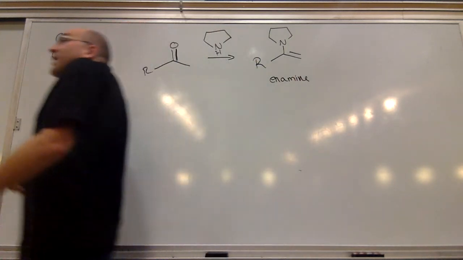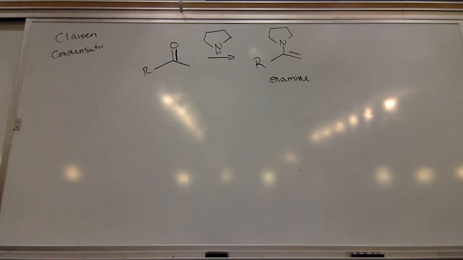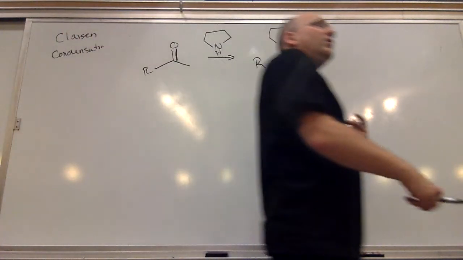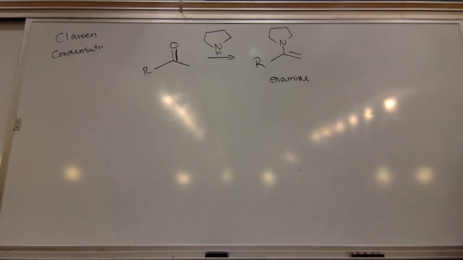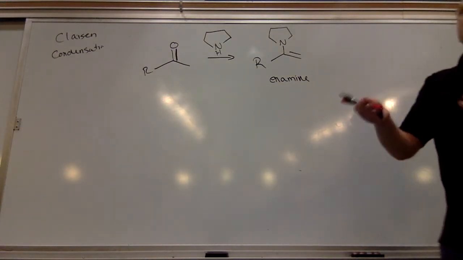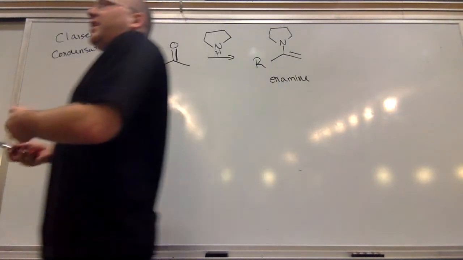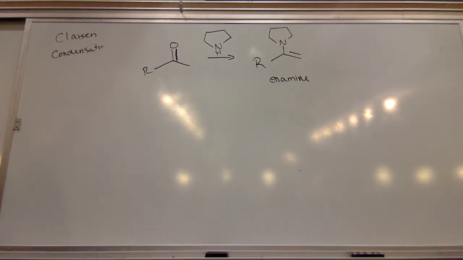Okay, and it's basically like the enol. It's the nitrogen equivalent of the enol. There are two differences. First of all, the enamine doesn't have to deal with tautomerization. The enol is the minor tautomeric form, whereas the enamine is not going to go in reverse; it's kind of trapped there.